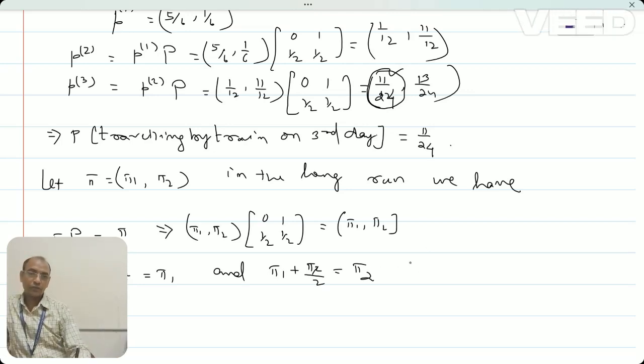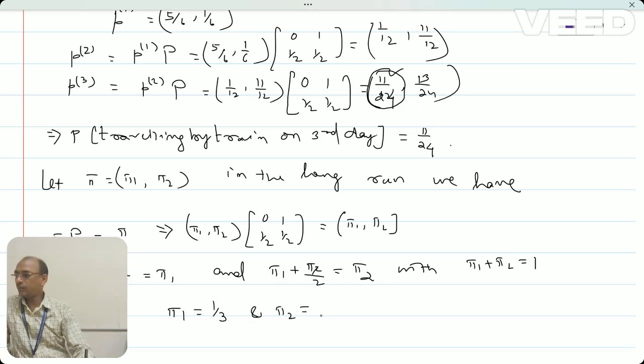If we solve these two equations with the condition pi 1 plus pi 2 equal to 1, we get pi 1 equal to 1 by 3 and pi 2 equal to 2 by 3.